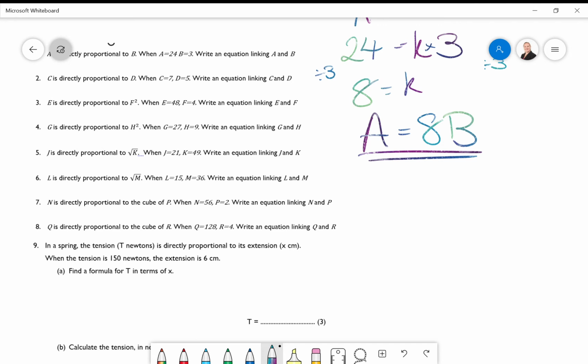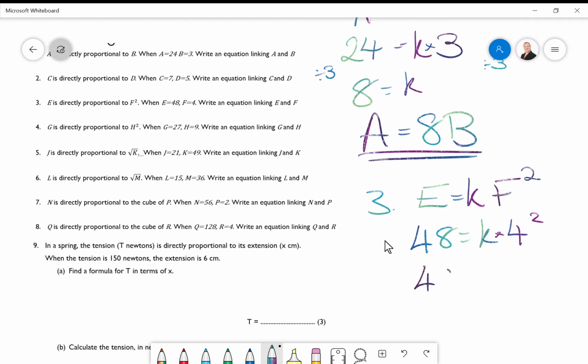Off you go then. So question 3. E is directly proportional to f squared. So when E is 48, f is 4. So 4 squared we should know is 16. So that's 48 is equal to k times 16.